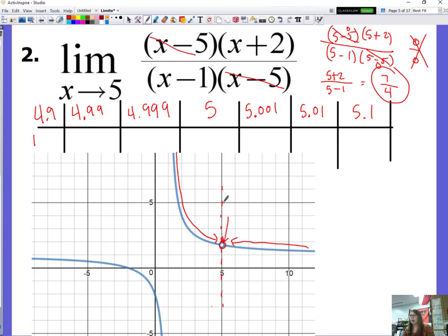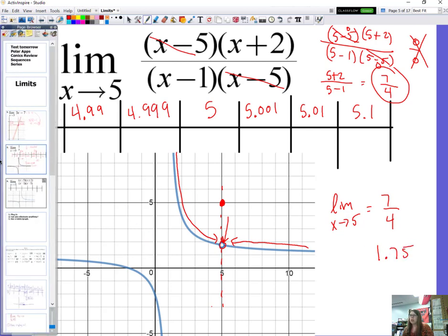Also, if there's a hole in the graph and then someone came in and plotted a point here, the limit as x approaches 5 would still be equal to 7/4, because just because there's a point there doesn't mean that the limit as we approach that value is approaching this. It's not. It's approaching this value at 7/4 or 1.75 like we saw in the calculator.